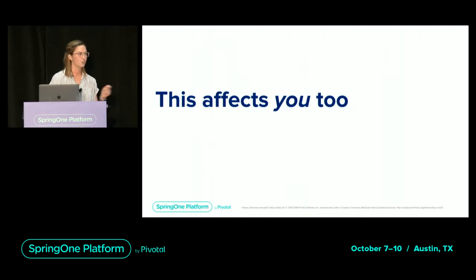Another less altruistic point that I want to make is that this is going to affect you too. There's other disabilities that are sometimes not considered, like attention deficit disorder, like colorblindness. You can also consider short-term disabilities and situational differences, I should say.